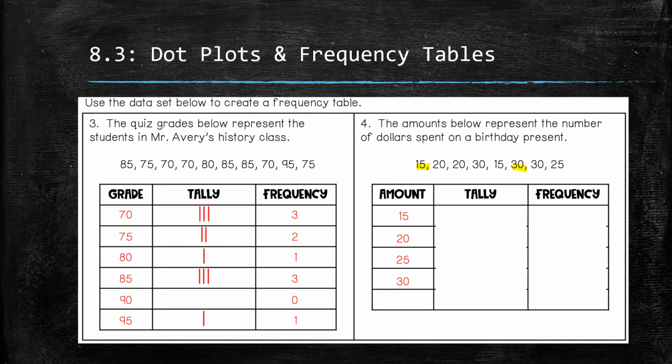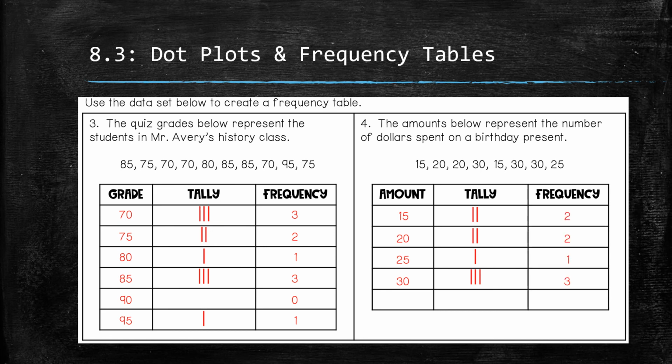I'm going to go ahead and do my tally marks, and hopefully you got the same thing I got. If you got something different, go back and recheck to make sure you counted them correctly, and then add up your tally marks and you have your frequency. Nice, simple, and easy.